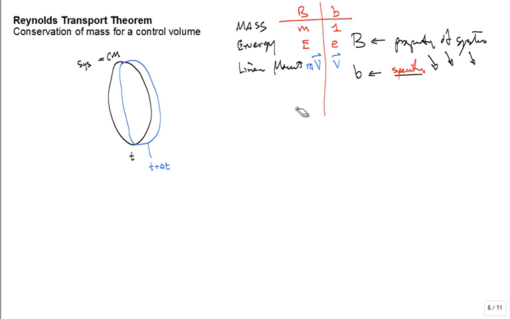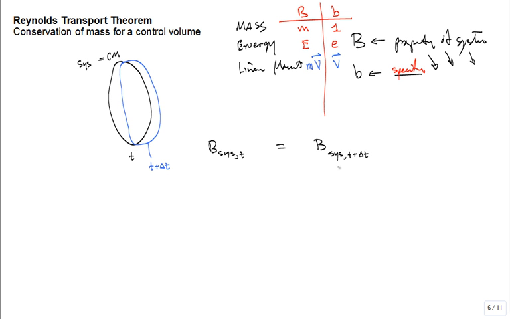But so what we say is the system, the property of the system can change. True? But let's do this. The property of the system at time t is equal to the property of the system, let me draw this, at time t plus delta t.